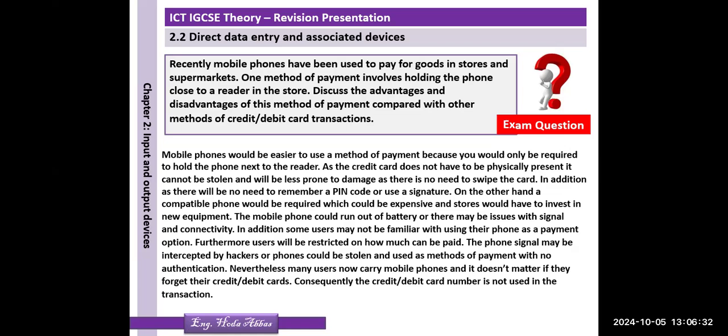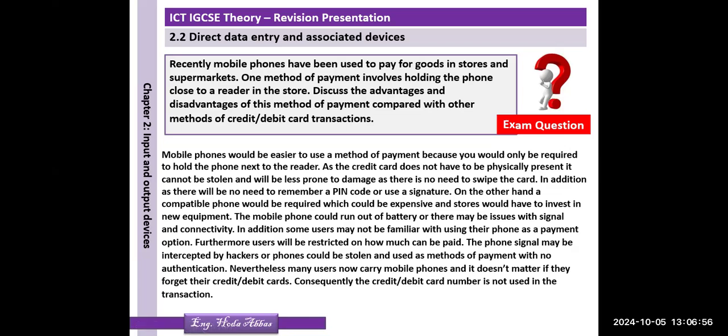The mobile phone could run out of battery, or there may be issues with signal and connectivity. In addition, some users may not be familiar with using their phone as a payment option. Furthermore, users will be restricted on how much can be paid.